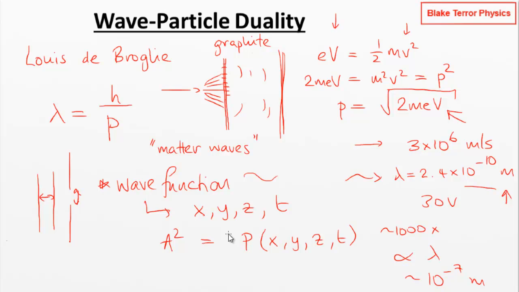That's about as much as I can say about this for our pre-university physics. We can't get into enormous amounts of detail, but at least it's opening the door to what you'll be studying in quantum physics at university.